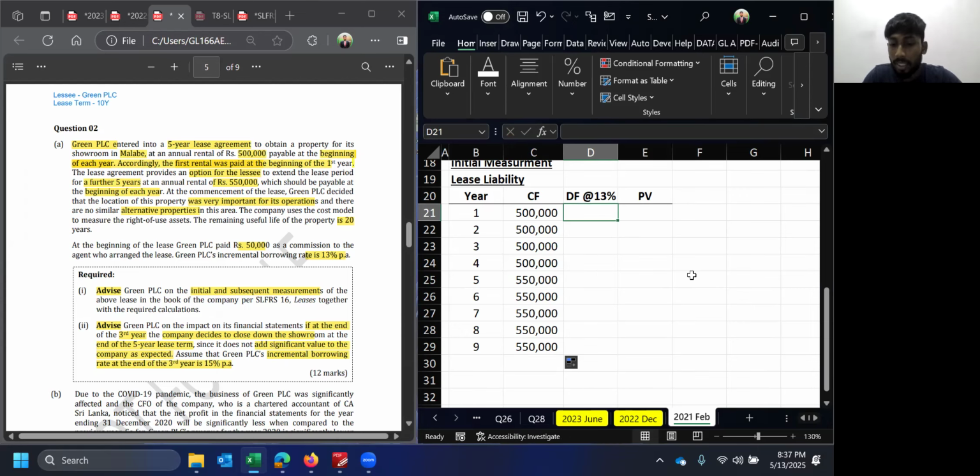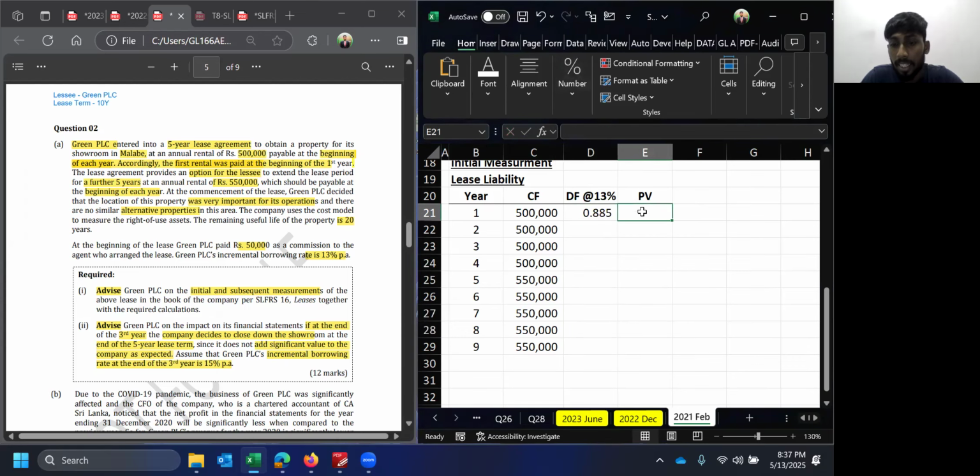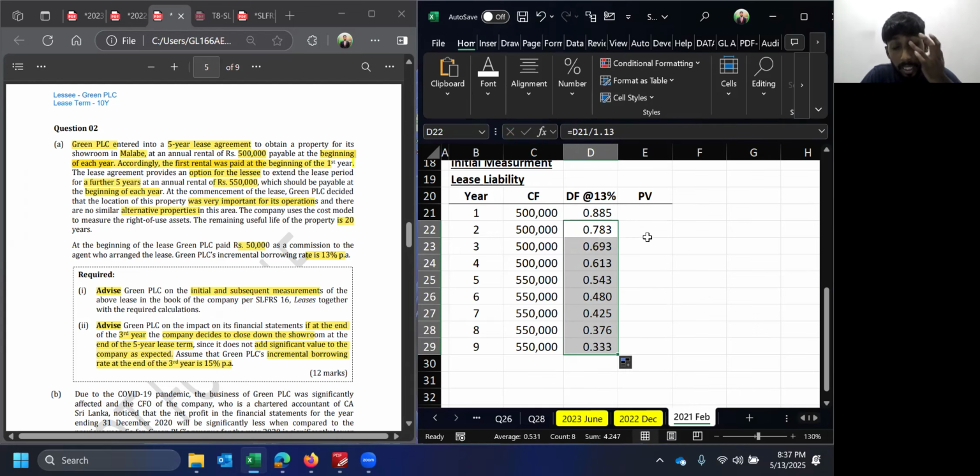Okay. So then 1 divided by 1 plus 13%. I can get the discounting factors, divided by 1.13. So here I got my present values.